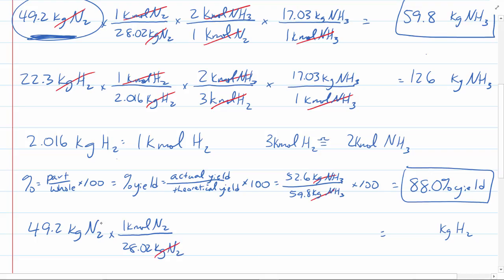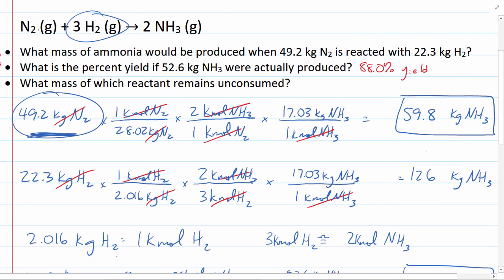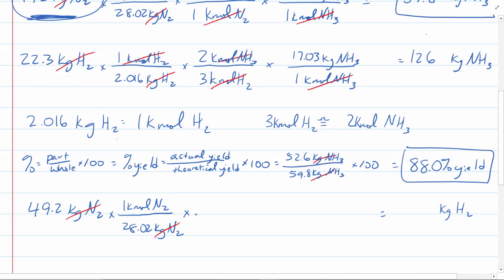Kilograms of N2 cancel out. Then we want to get from N2 over to H2. Looking at the balanced chemical equation, we see that there's 1 mole of N2 for every 3 moles of H2. So placing this in here, we put the 1 mole of N2 down below, the 3 moles of H2 up above.